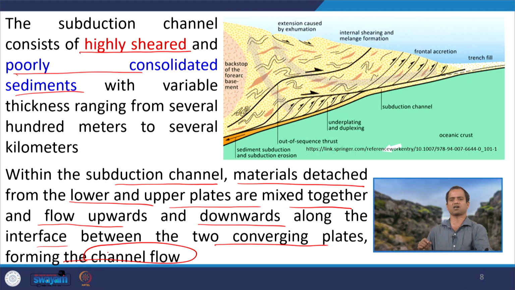The material which is going down is highly sheared, and part of it comes back and is added to the lower part of the accretionary prism, and partly it goes down to the asthenospheric system.